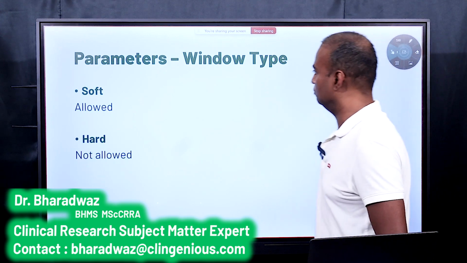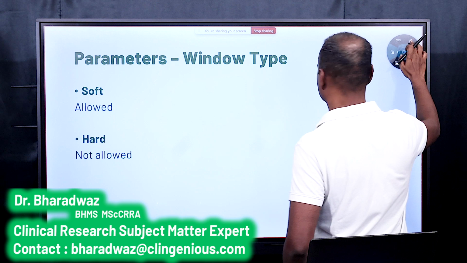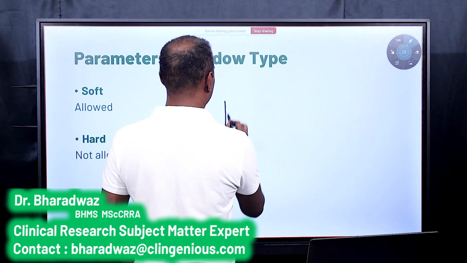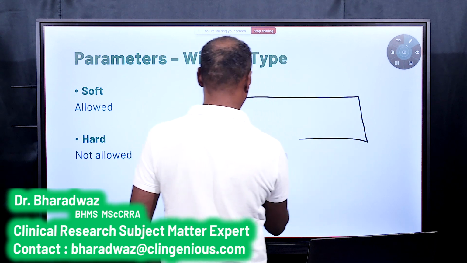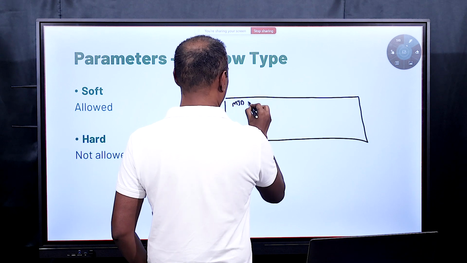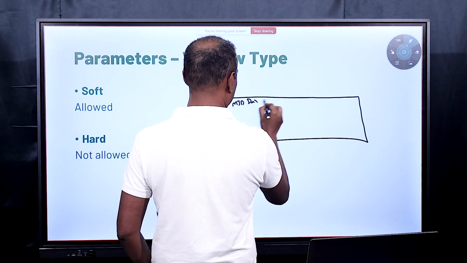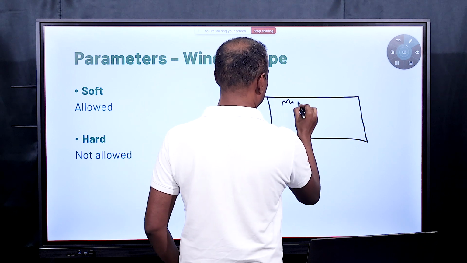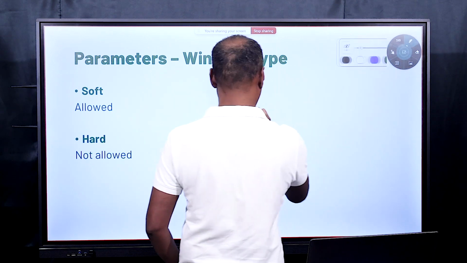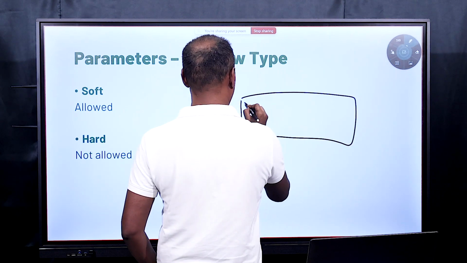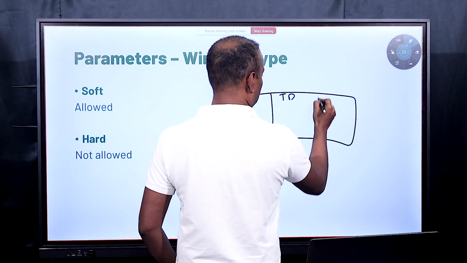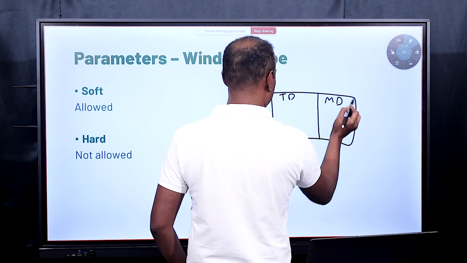Now we will look into visit window. For visit window, take this example: min day, target day and max day.